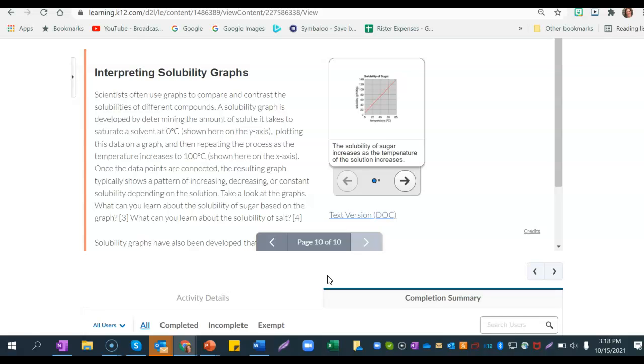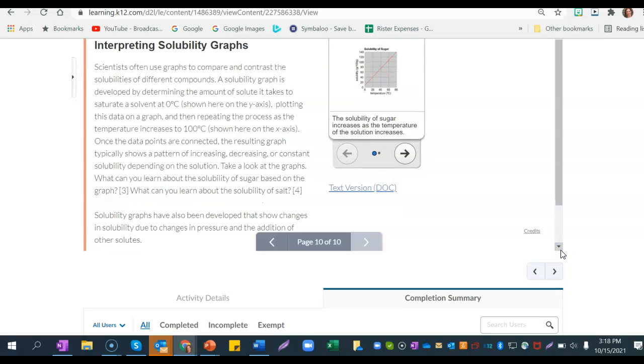Take a look at the graphs. What can you learn about the solubility of sugar based on the graph? And what can you learn about the solubility of salt? So the graph is very tiny. If we take a look up here, you're able to see the temperature as it goes from 5 to 85 degrees Celsius.